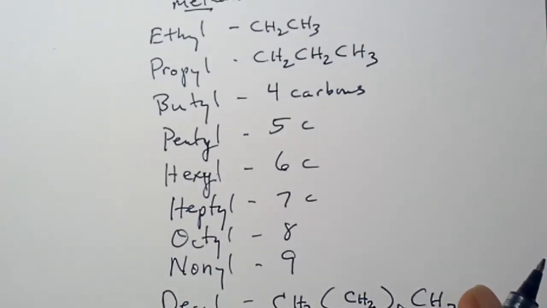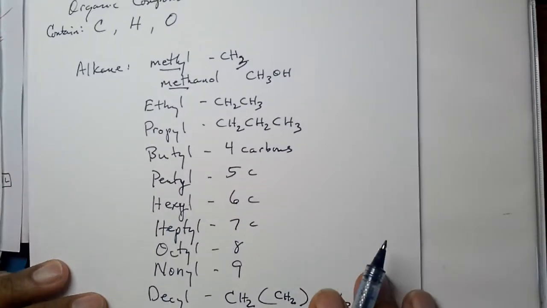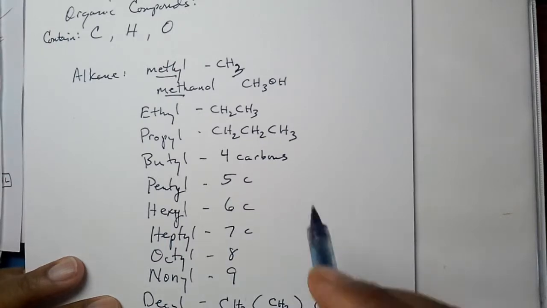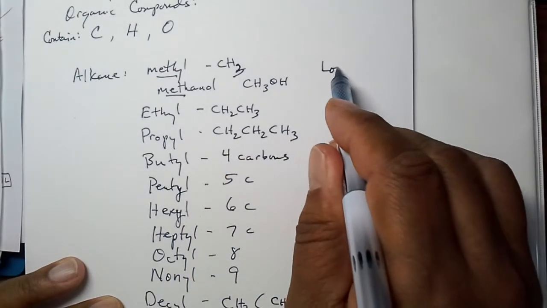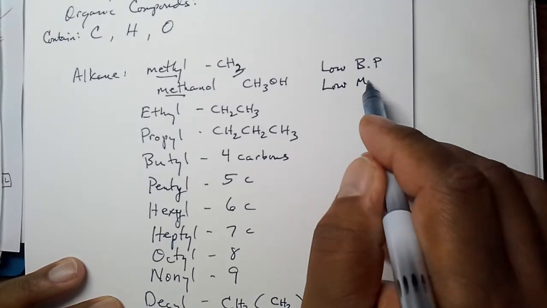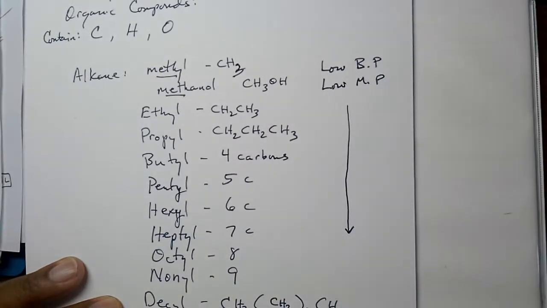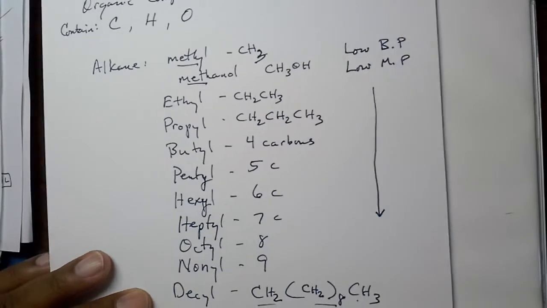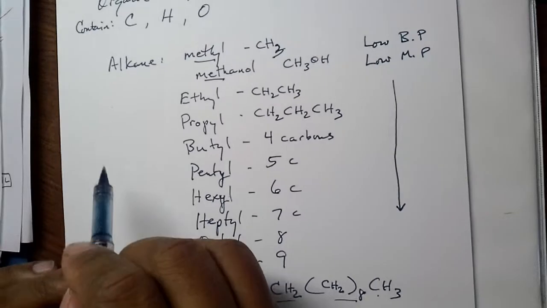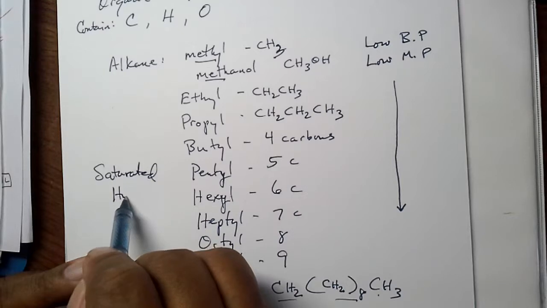These have physical properties that we did talk a little bit about. The shorter chains have a low boiling point and a low melting point. Alright, and as your chain length increases, you end up with a higher boiling point and a higher melting point. Also, these are what are referred to as saturated hydrocarbon chains.